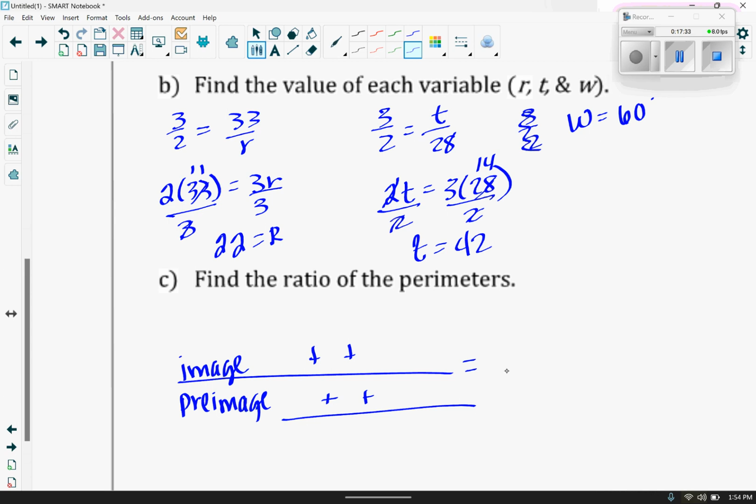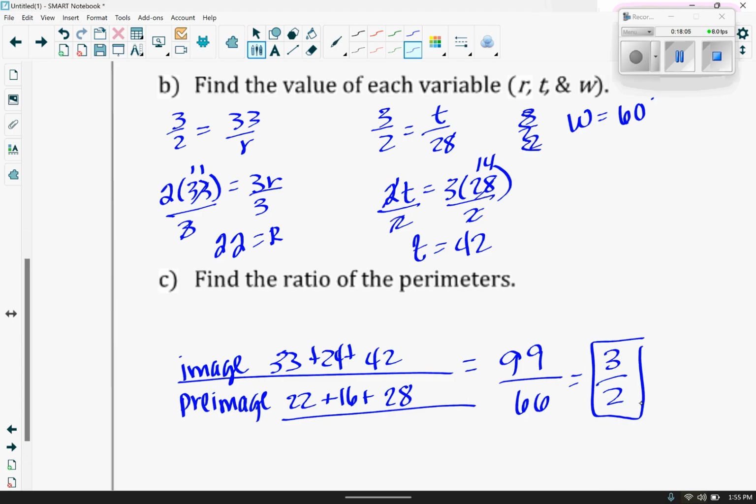You're going to end up with 33 plus 24 plus 42, which is 99, over 22 plus 16 plus 28, which ends up being 66, and I reduce that to 3 over 2, which is the same as my scale factor. It checks.